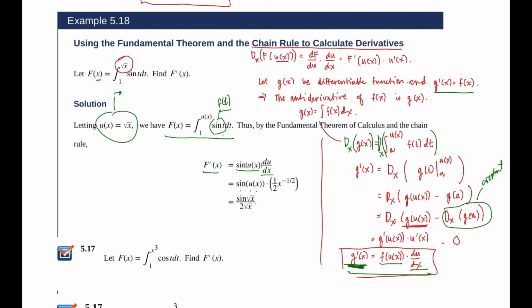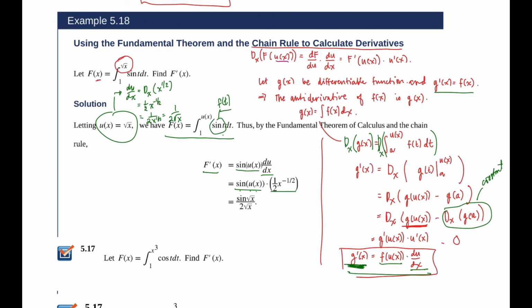What is du over dx? du over dx is the derivative with respect to x of the square root of x, or x raised to 1/2. What's the derivative of x raised to 1/2? That's 1/2 x raised to negative 1/2, or 1 over 2 square root of x.